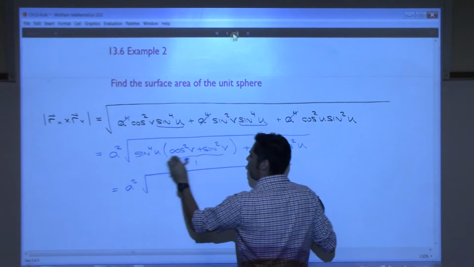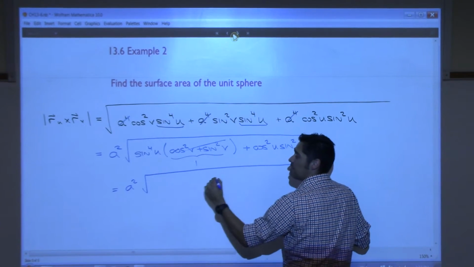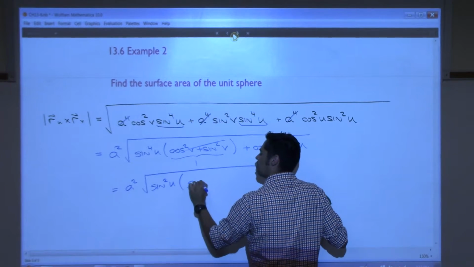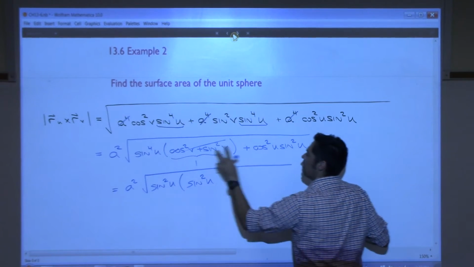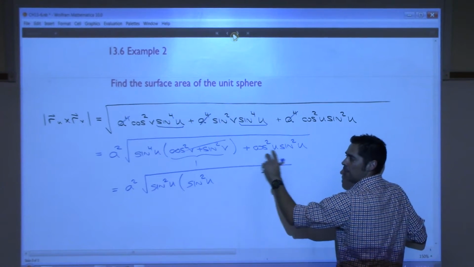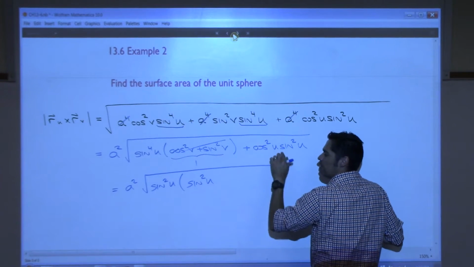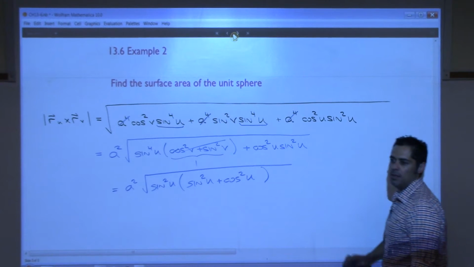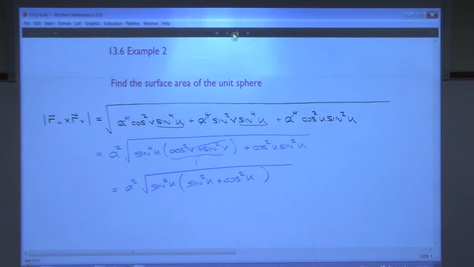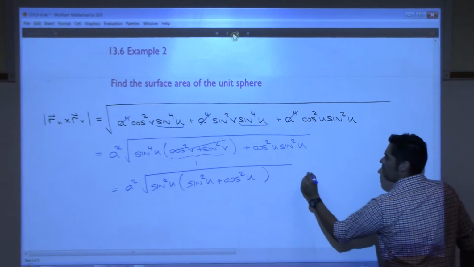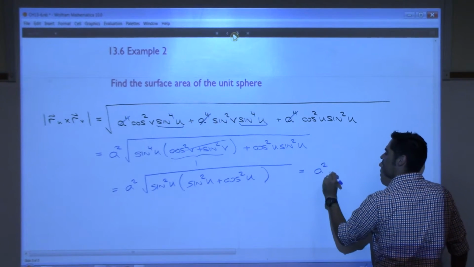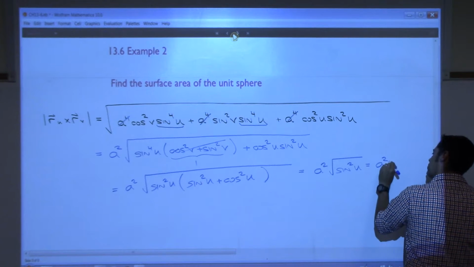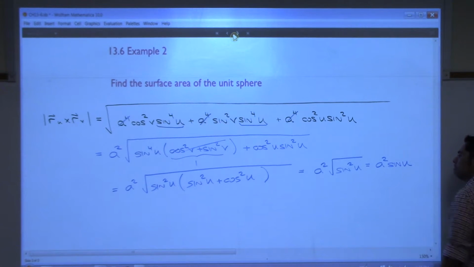Pull out, with what's left, that's gone, a sine squared u. You'd be left with sine squared u. So I'm pulling the sine squared out from this and from this. I'll be left with the sine squared here and the cosine squared here, which again becomes a 1, which gives me a squared times the square root of sine squared u, which is going to be a squared sine u.